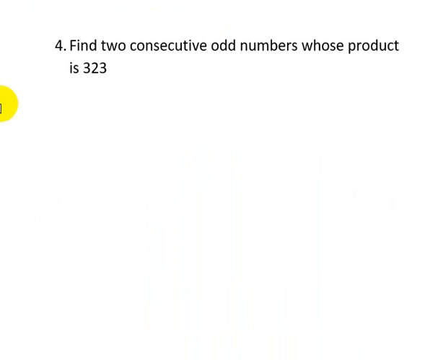Now we are saying that, find two consecutive odd numbers whose product is 323. Now listen, what does this mean? Two consecutive means numbers that follow each other. Now we know that in number counting we have 1, 2, 3, 4, 5.